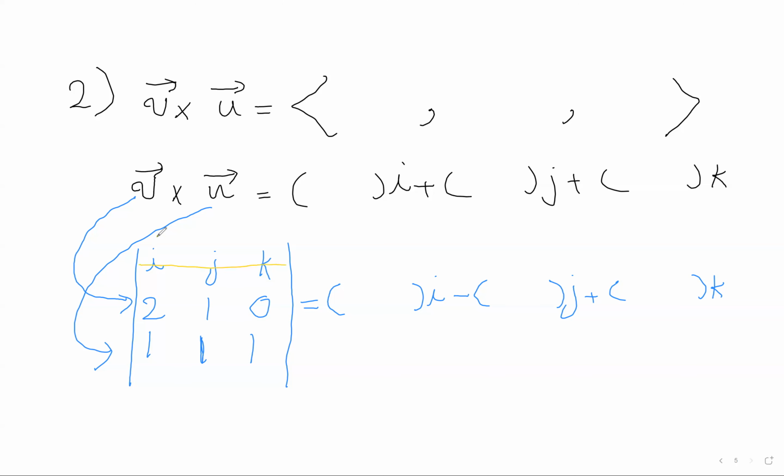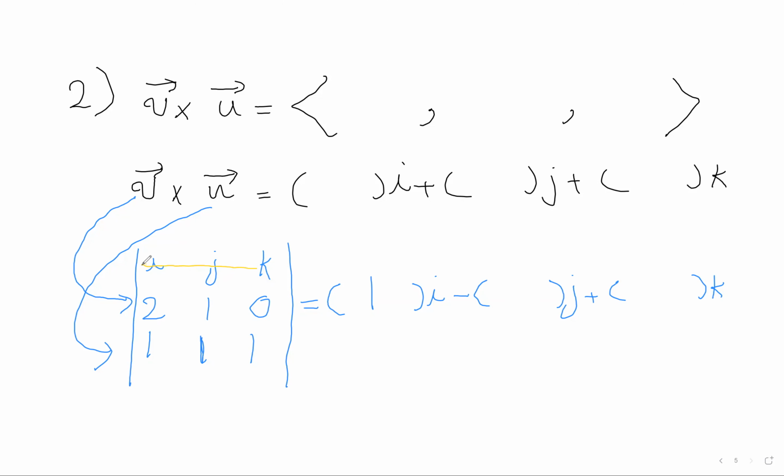For i, ignore the first row and the first column. I have a 2 by 2, 1 times 1 minus 0 times 1 gives me just 1. For j, a similar situation.